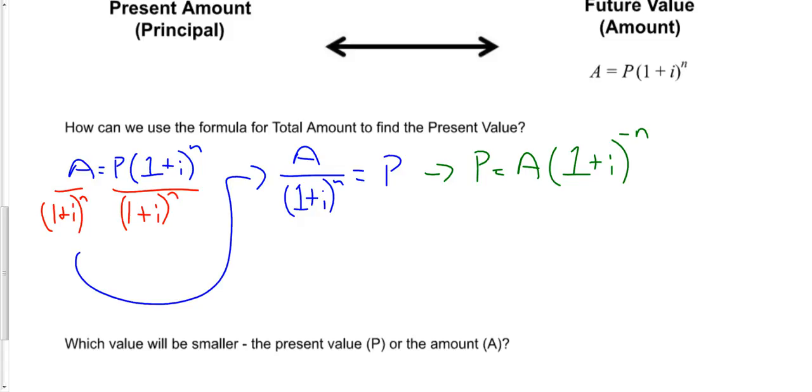By making the exponent negative, that takes the denominator of the fraction out, and I can put it up at the top. So this is the equation that we want to make use of when we're trying to figure out the present value of a particular item.